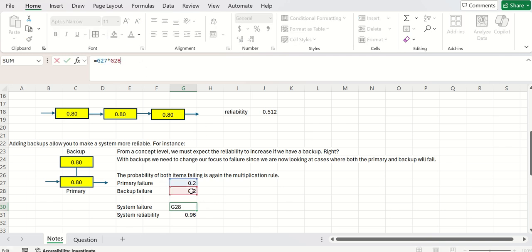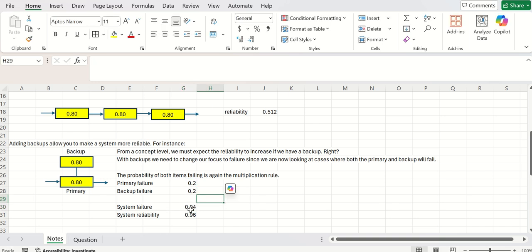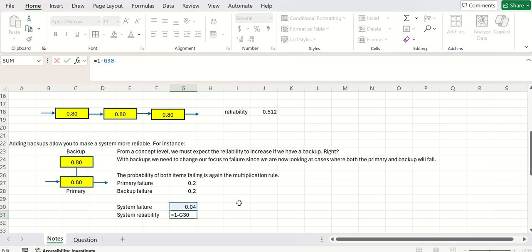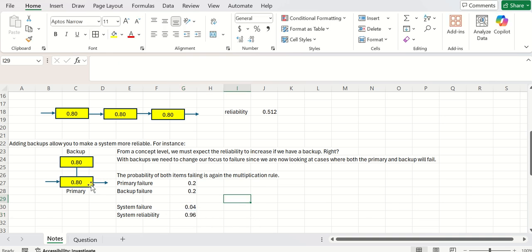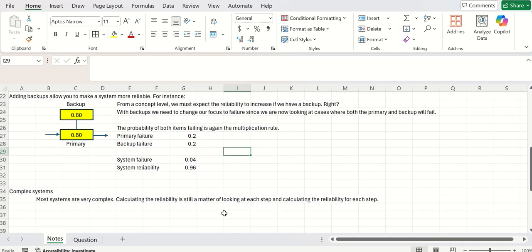It's the primary failing and the backup failing. That's 0.04. That's our failure rate. We know from what we've just stated before that the reliability is 1 minus the system failure rate. So again, we had a 0.8 or 80% chance that it functions correctly on its own. Adding a backup with the same 0.8 increases our overall system reliability to 96%.